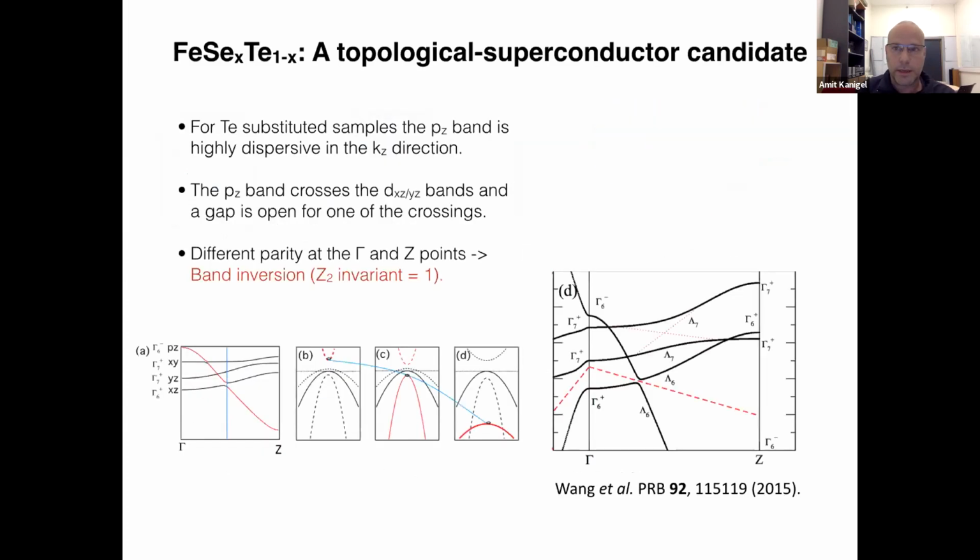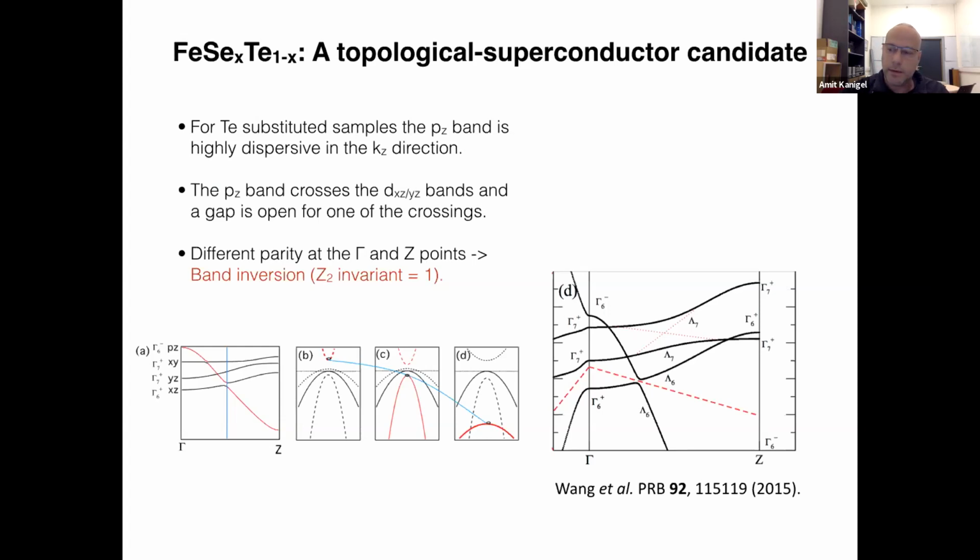Okay, so the starting point is this prediction by Wang et al. from 2015, that using DFT have shown that when some of the selenium is substituted by the tellurium, we get for some reason a much stronger dispersion along the KZ direction.